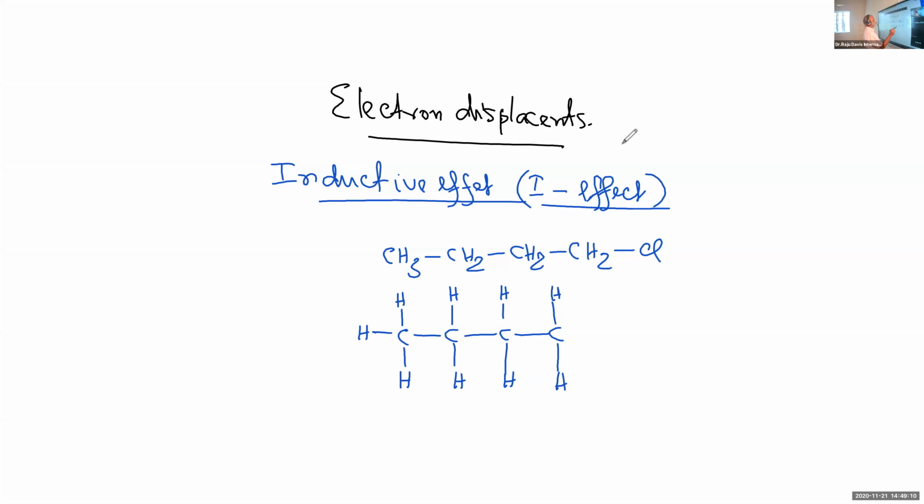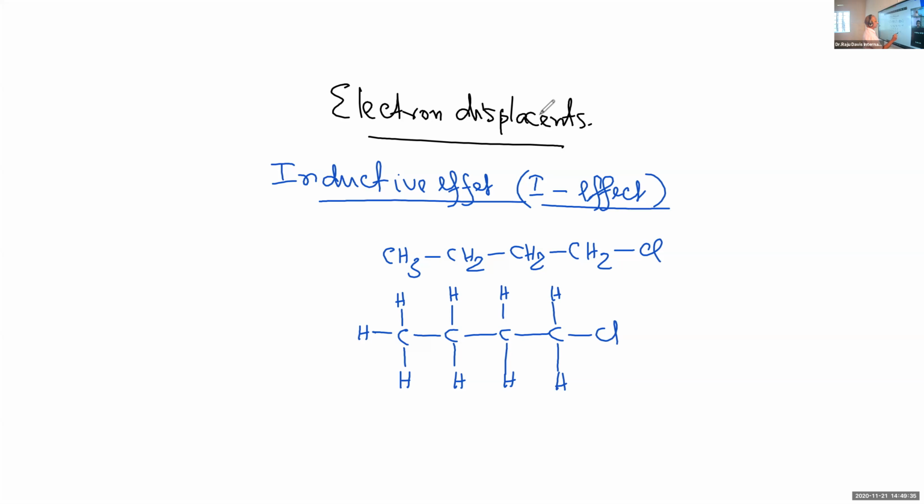So 1, 2, 3, 4 carbon atoms. And finally we have the chlorine atom. And that is the structural formula of the compound given. The complete structure is given, and that is our chlorobutane.